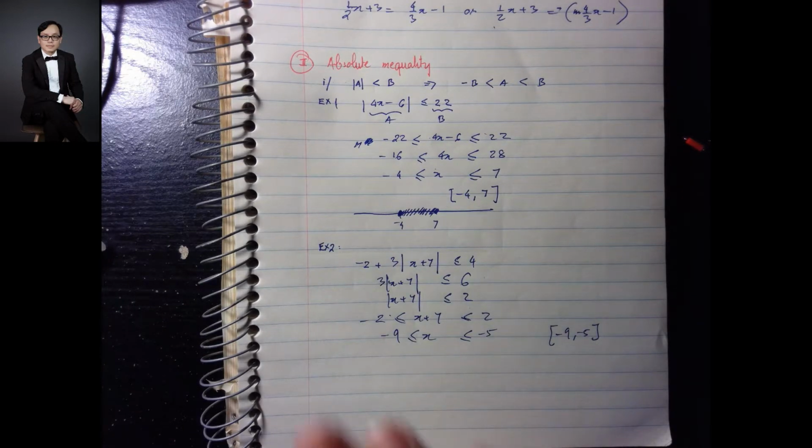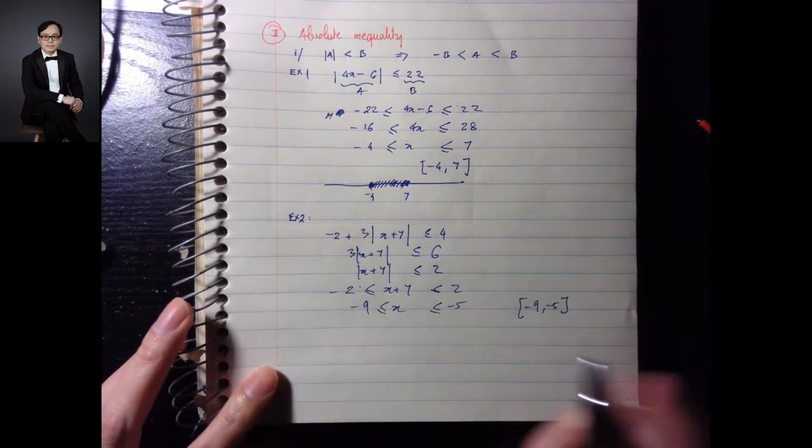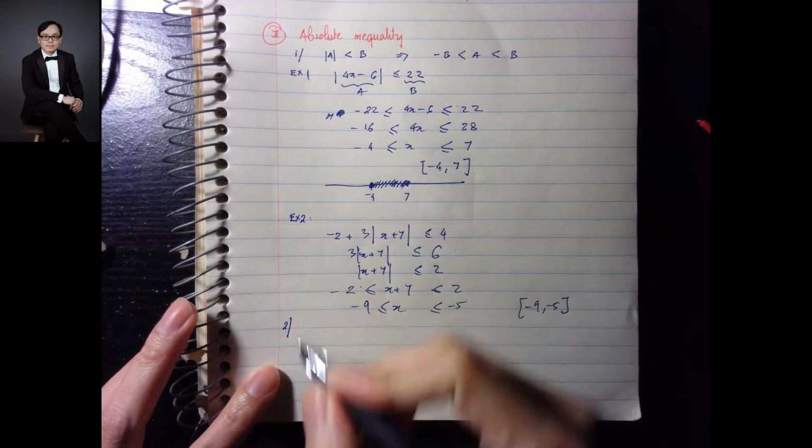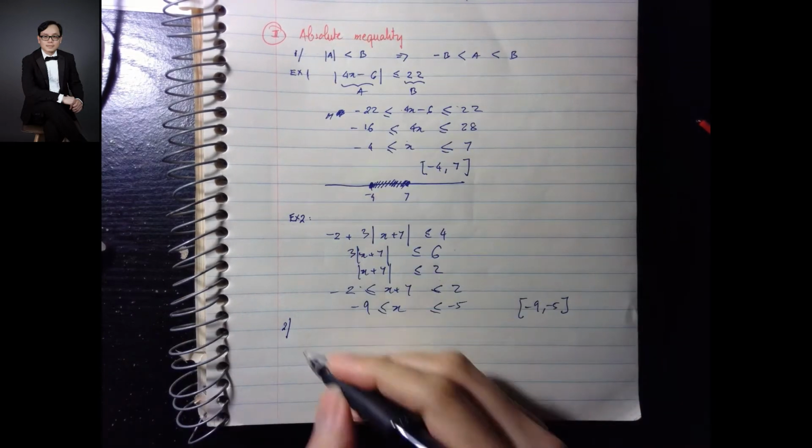The second form I want to talk about is the absolute value of A greater than B. The first was less than, this is greater than.